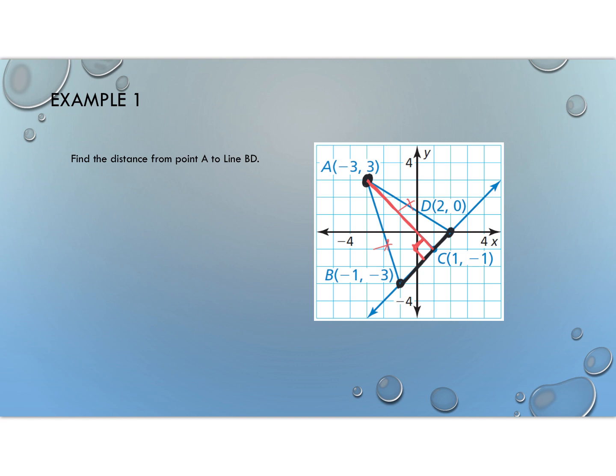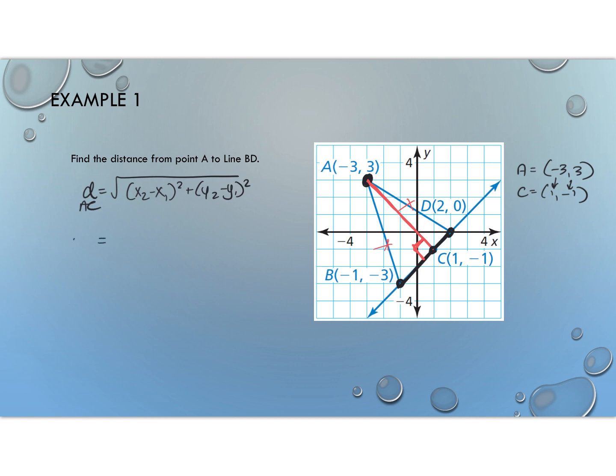So again, how do you use the distance formula? Remember, the distance between point A and point C, AC, is going to be the square root of x2 minus x1 squared plus y2 minus y1 squared. And I don't worry too much about y1 and x1 and all that. I just basically put point A is negative 3, 3, and point C is 1, negative 1. And remember that I always do top minus bottom.